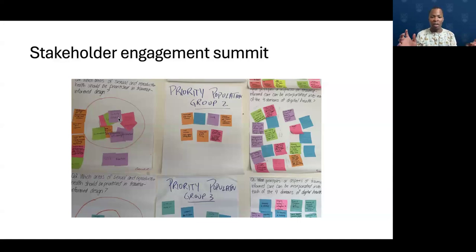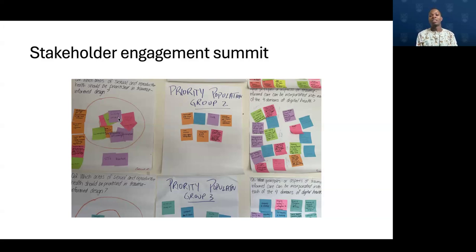We have these 4 areas, and then we asked the participants what principles or aspects of trauma-informed care can be incorporated into each of these stages. What factors should be considered to make sure that each stage of the digital health development life cycle is trauma-informed?